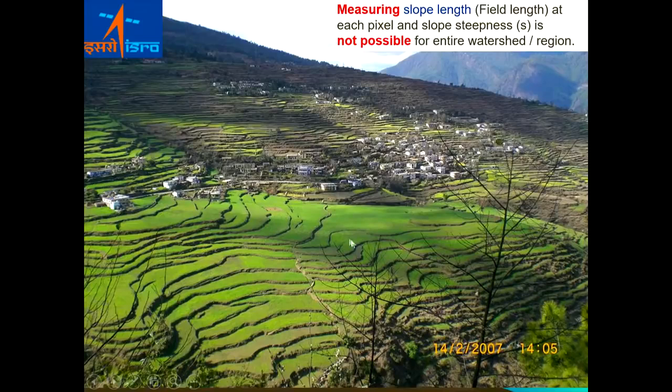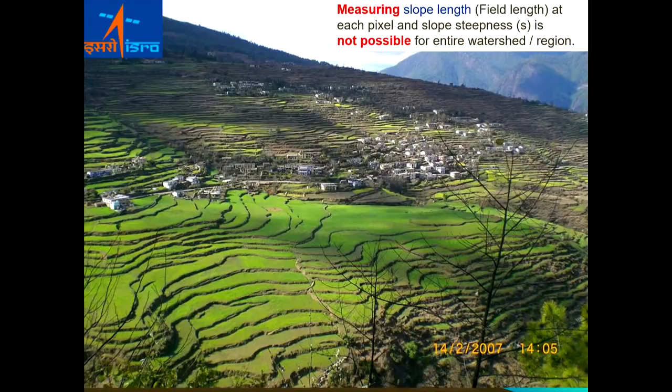So for slope steepness, if you have derived the slope map you can generate it. But slope length means field length, the width of the field, and calculating it for all the area of a watershed is a very difficult task. You cannot measure all the fields, but we need to measure to define length.